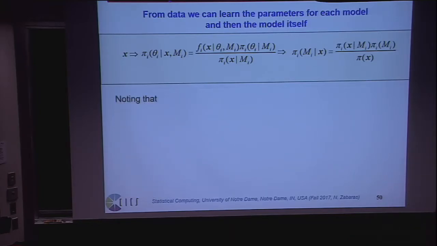So here is basically what we have. The marginal of the data, the evidence for model Mi, is the normalization of this.